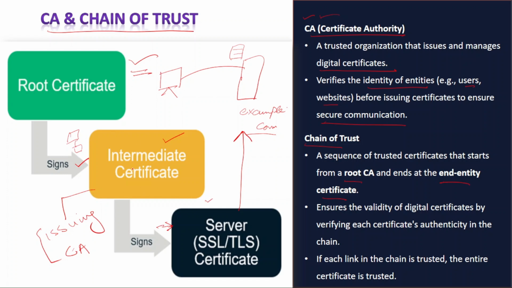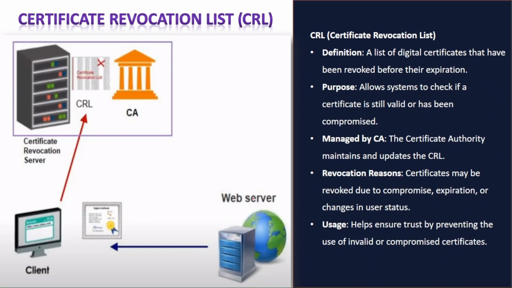So this is how the chain of trust works. If each link in the chain is trusted, the entire certificate is trusted. Each of these CAs, including the root CA and intermediary CA, must be trusted so that the whole chain is trusted. And if the whole chain is trusted and no CA is compromised, it means the final certificate is also trusted.